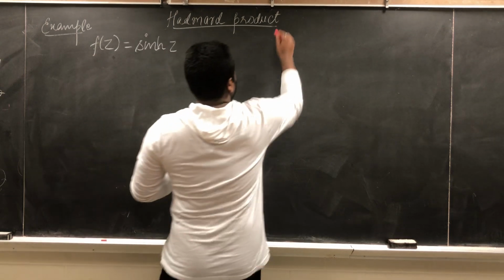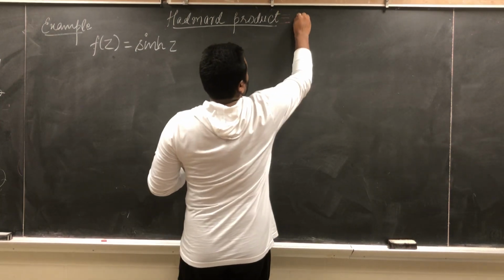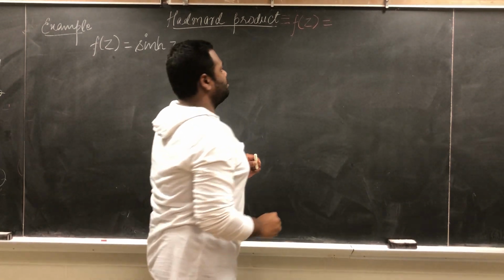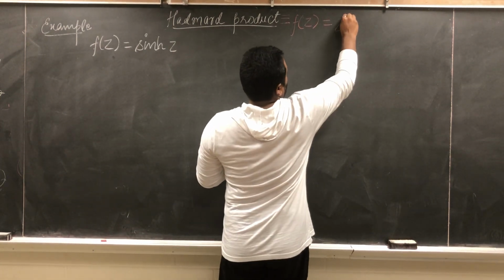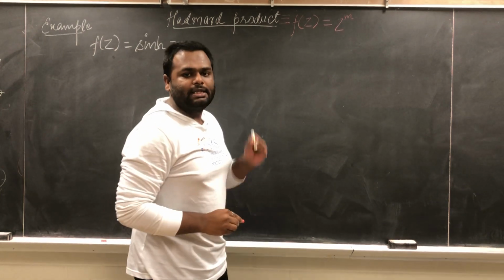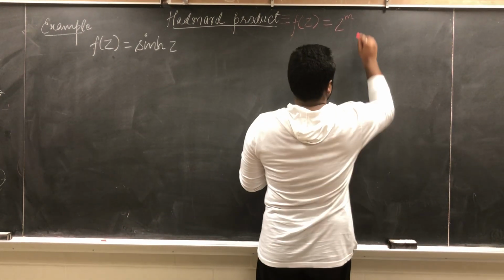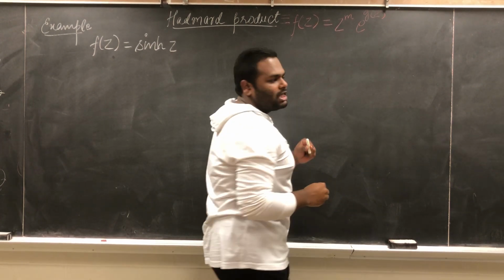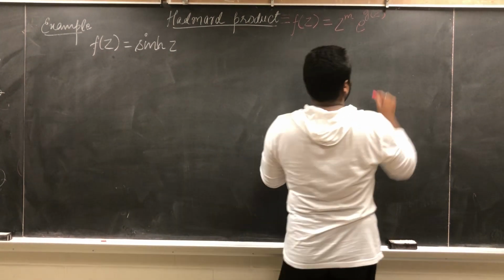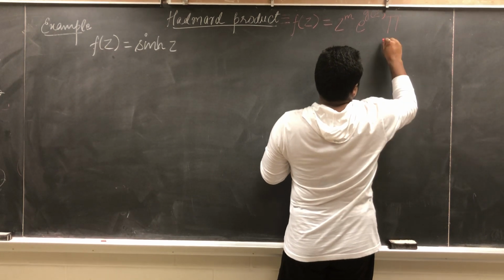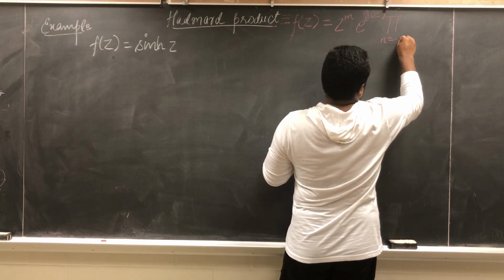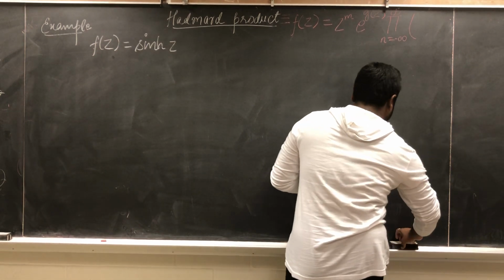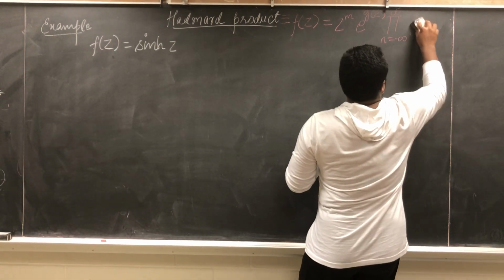The first part is zero roots, the second part is exponential terms, and the third one is an infinite product of non-zero roots.